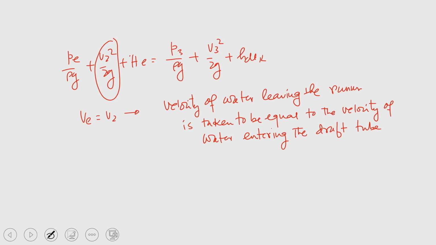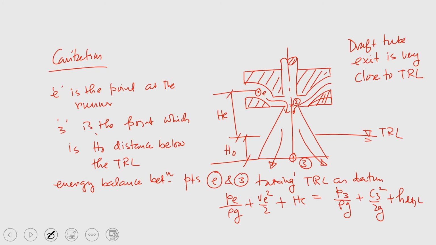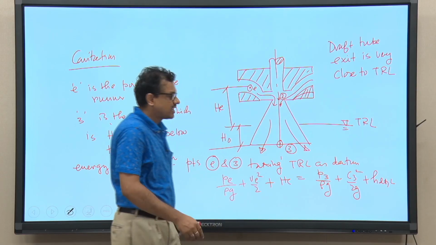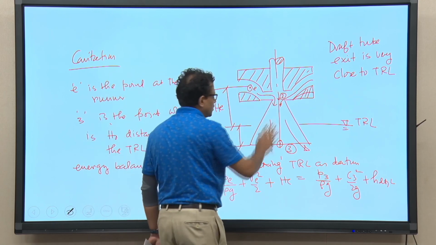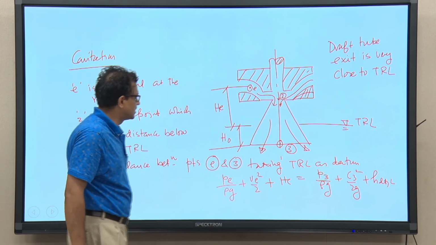So, that is why I have written this. We really do not know, and that is what is very often considered. If we go to the previous slide, this point E and point 2 are so close that we can consider V equal to V2, and that is very often considered.